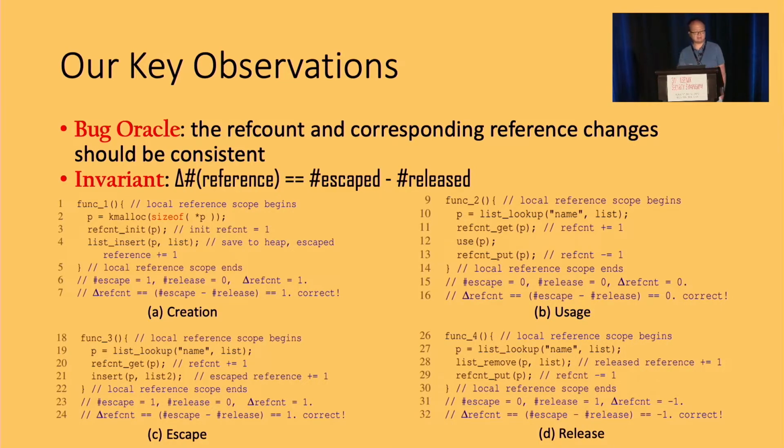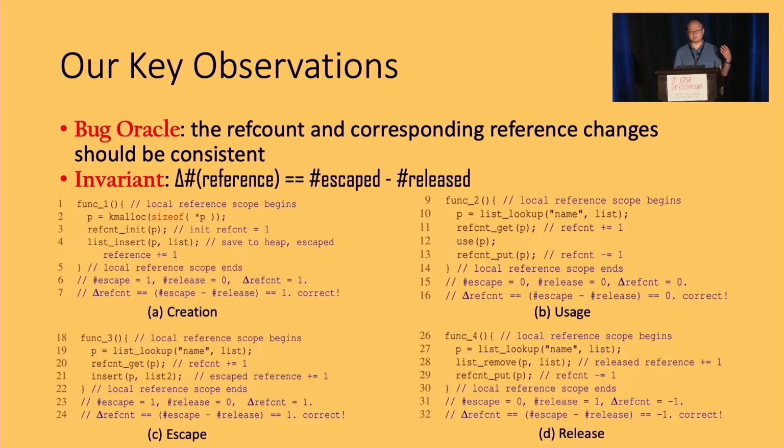So they have to be consistent. But in order to make this scale, we reduce the analysis scope. Instead of trying to track the whole life scope of a kernel object, we divide it into smaller local scopes. So we have four scenarios.